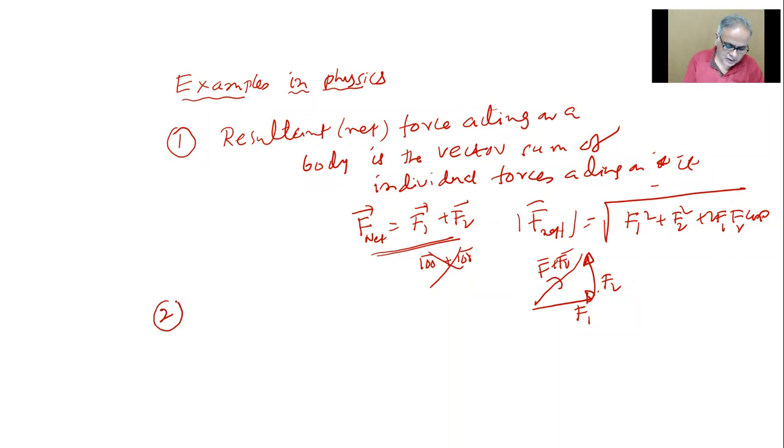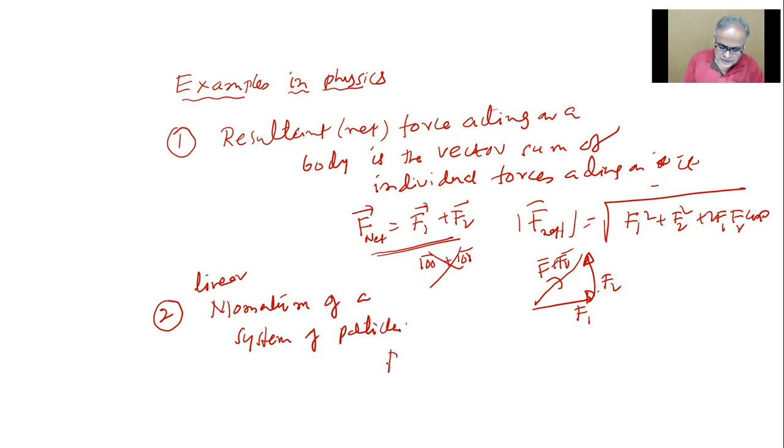Similarly, the linear momentum of a system of particles or bodies, P system, is equal to P1 plus P2 plus P3, and so on.